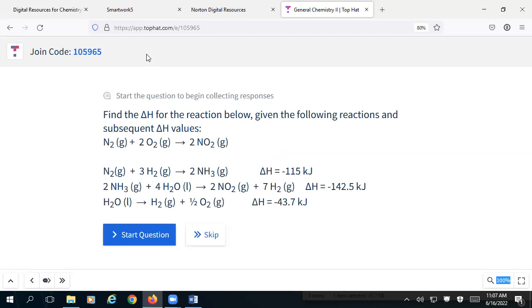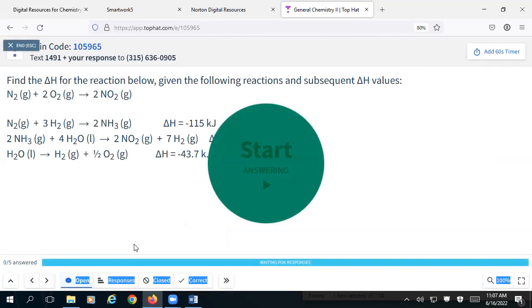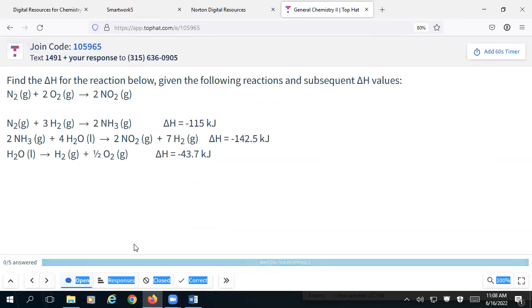Here's one for you to try. Find the enthalpy change for the reaction between nitrogen and oxygen to make nitrogen dioxide using the three equations below and their delta H values. So do the same thing that we did in the first example.